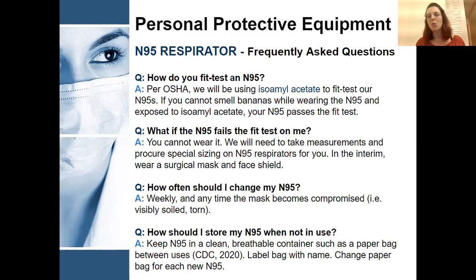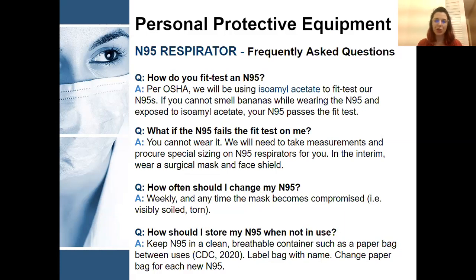So it's up to you whether you're comfortable with utilizing the failed N95 or KN95. Obviously, we are going to work to find a product that works best for the fit of your face and find a product that will be fit tested and approved for you. But in the interim, if you want to wear that product, you're more than welcome to.